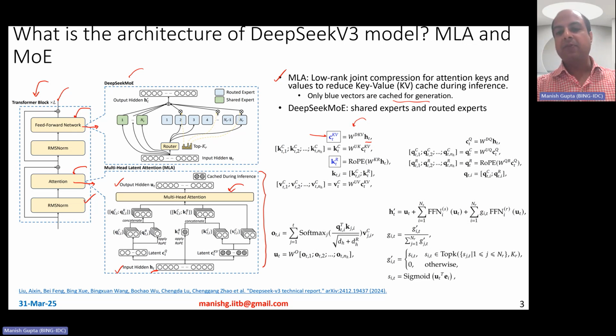Now you can use a key-specific weight matrix to get keys for each of those attention heads. And you can, of course, use a value-specific weight matrix to get the value vectors for each of those heads. But as you can notice, it's making use of the same c_t^KV. Okay, so the same c_t^KV is used at both places.